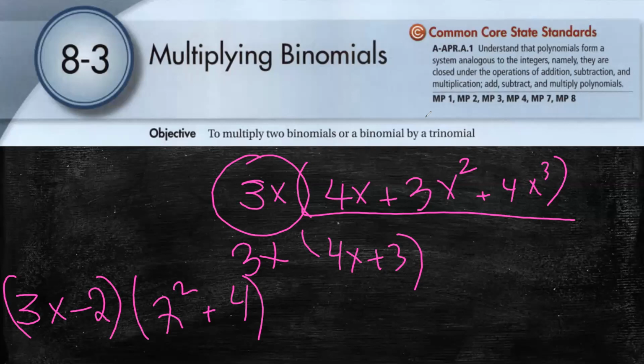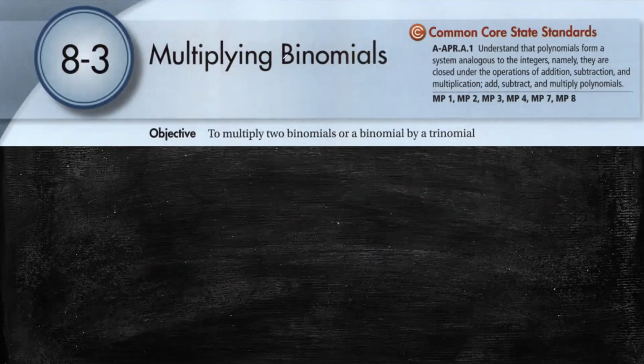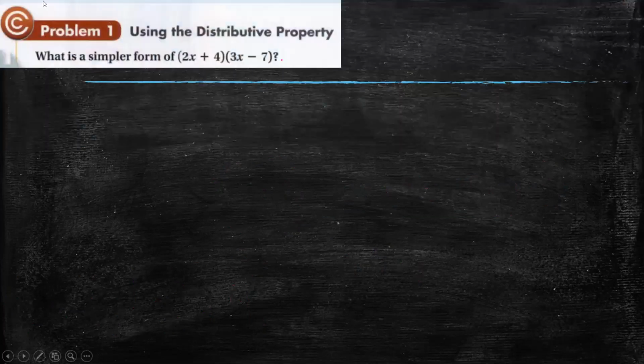As I reminded you, binomial means two terms, like bicycle. So we learn to multiply two terms by two terms. Binomial is two terms.